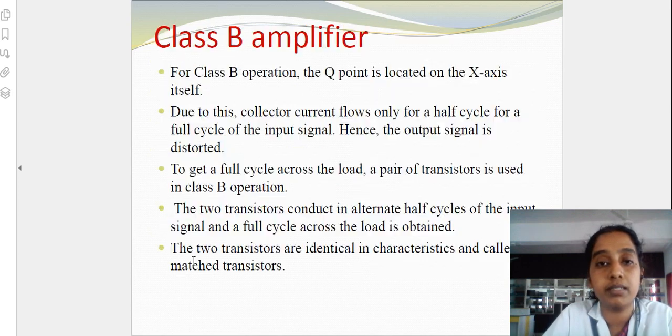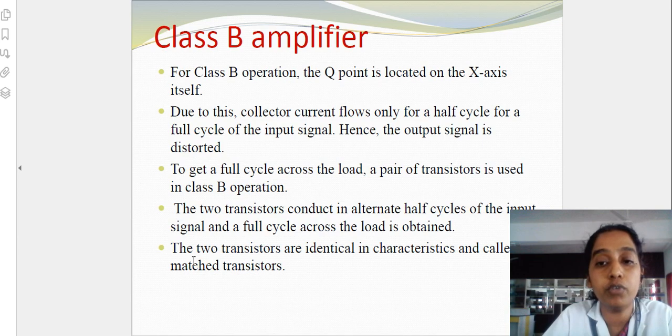Let me now consider the class B amplifier. For the class B amplifier, the Q point should be located exactly on the x-axis. For this operation, the collector current flows only for a half cycle of the input signal, and the output signal gets distorted.